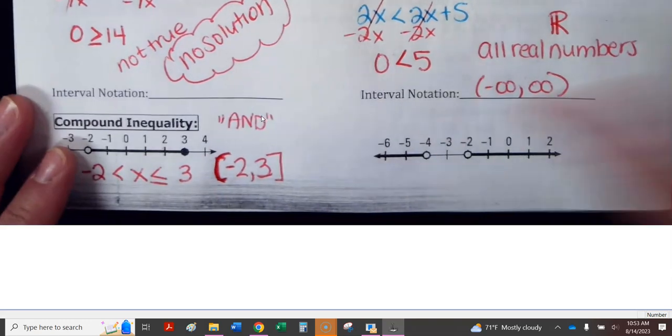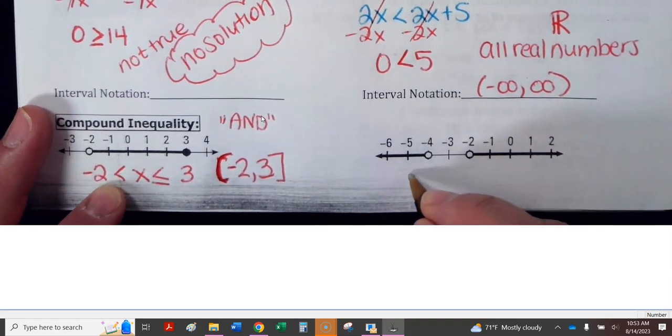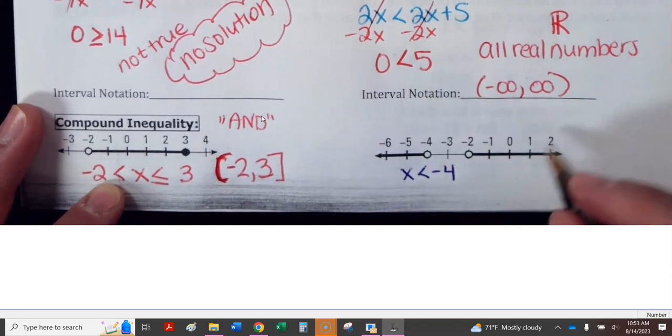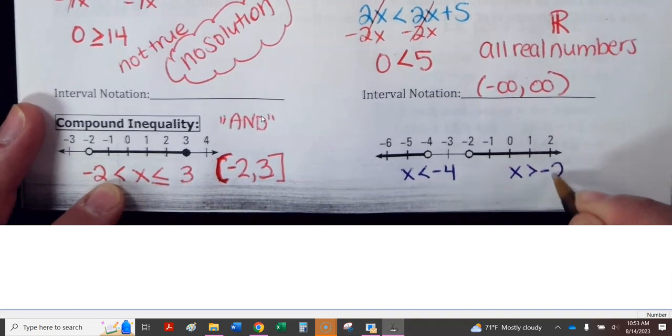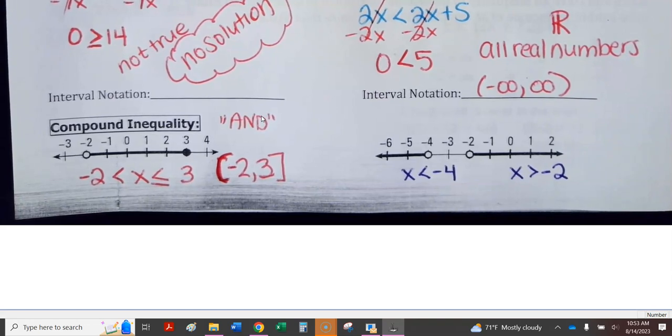Just pretend I gave you two separate problems. That inequality that points to the left, you're going to have x is just less than -4, less than goes to the left. For the other one, you're going to have x is greater than -2, greater than goes to the right. And you'll notice I put the variable on the left for both of those, so that way I could just point my inequality the direction the arrow went.